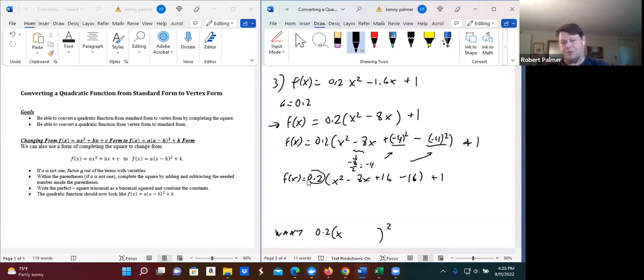Also, once again, I'm going to distribute the 0.2 to these three terms, like I did in the previous one, and also to this one. If I do that, I have f of x is equal to 0.2 times x squared minus 8x plus 16, and then a minus right here, 0.2 times 16, then plus 1.